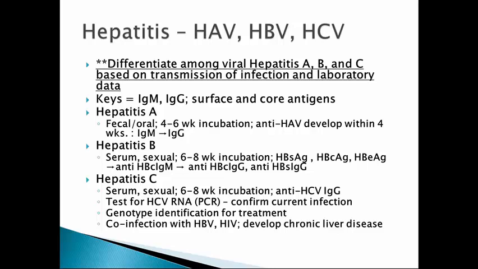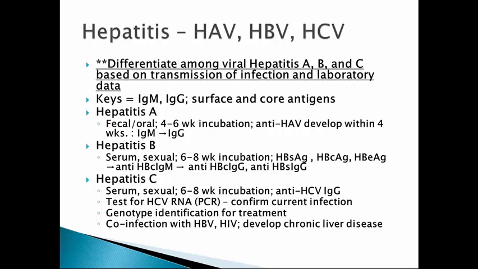In the U.S., the most common are genotype 1, 2, and 3. Unfortunately, the genotype does not predict the outcome of the virus itself, whether or not it becomes chronic, whether or not it resolves, whether or not it causes additional damage.